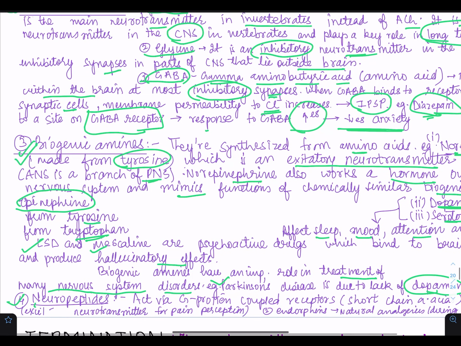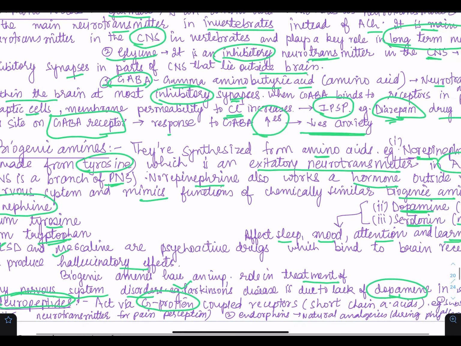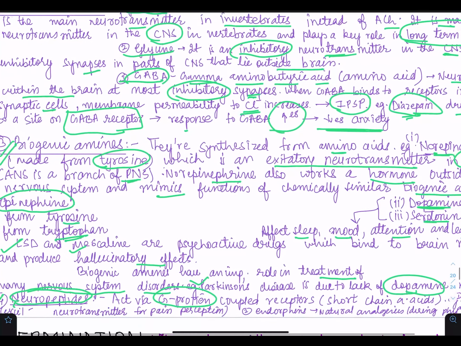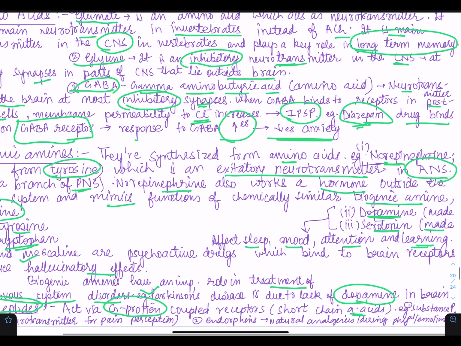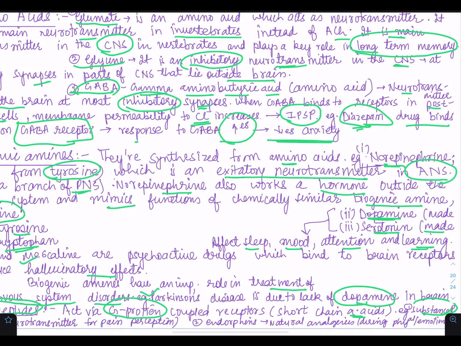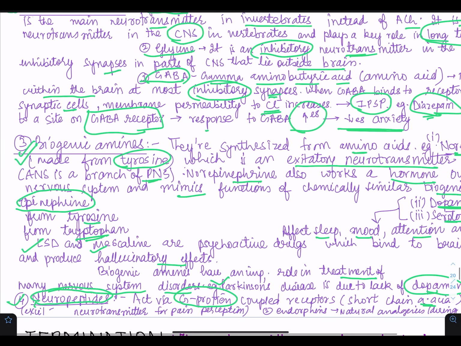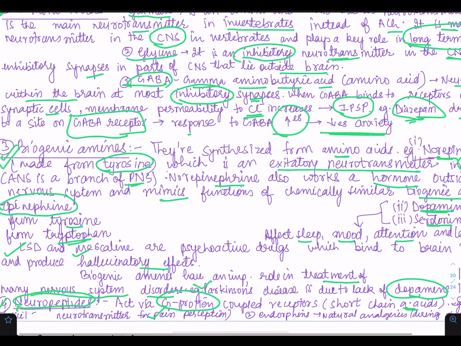Now we have neuropeptides. Neuropeptides act via G protein coupled receptors, and they are actually short chains of amino acids. The examples of neuropeptides are substance P. Substance P is an excitatory neurotransmitter for pain perception.